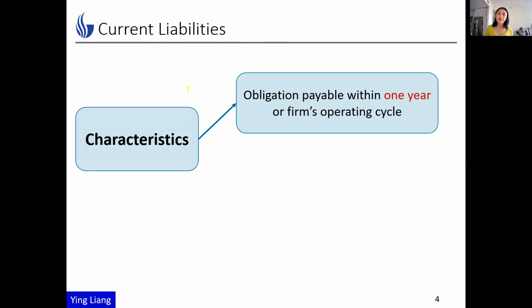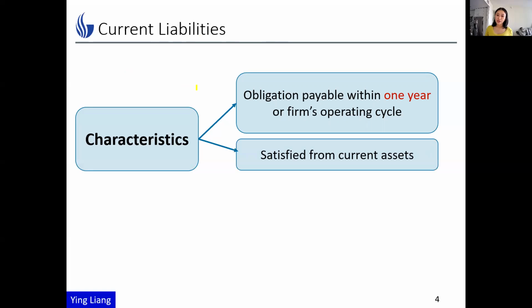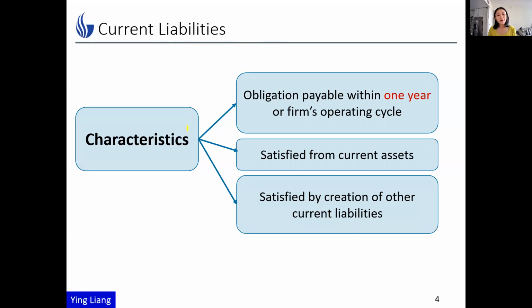However, we can also define it with a more discriminating definition: current liabilities are usually those expected to be satisfied from current assets, which means we are probably going to use our current assets to pay back or satisfy the current liabilities. It can also be made possible by the creation of other current liabilities.